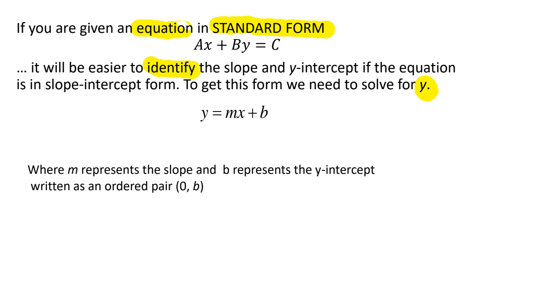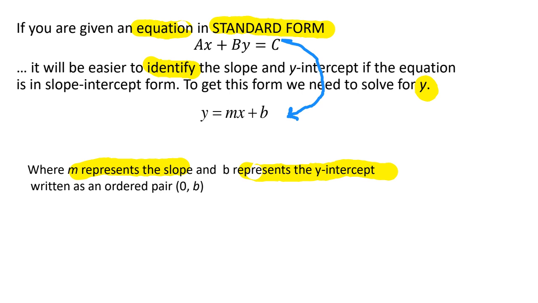And remember, the slope represents the m. The b, the little b, represents the y-intercept. Now, I want to show you something about how we're going from here to here.